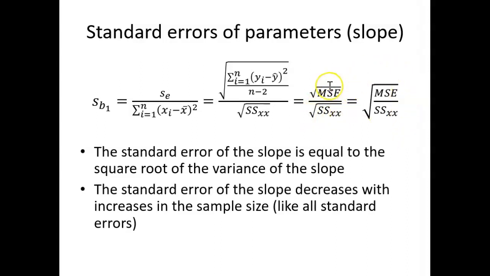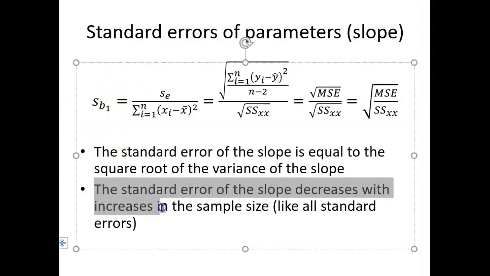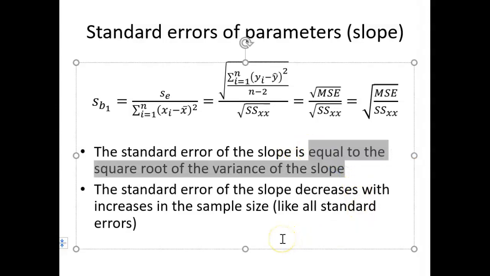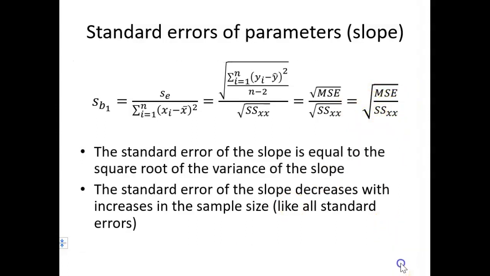The ratio of two square roots is the square root of the ratio. So one way you can think about the standard error of the slope is that it is equal to the square root of the variance of the slope. So this measures the variance of the slope. And like all standard errors, the standard error of the slope is going to decrease with increases in the sample size.